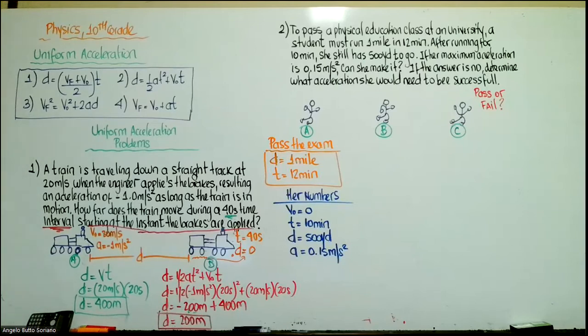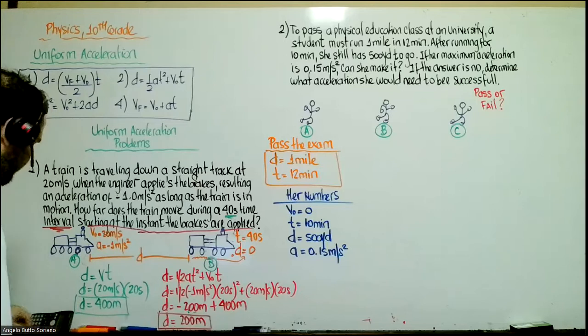What is the situation according to her numbers? To pass the exam, we must clarify if she's going to make it or not, because remember the maximum period of time is 12 minutes.